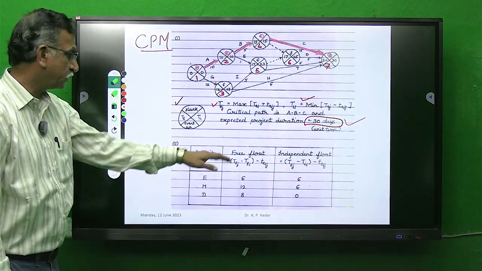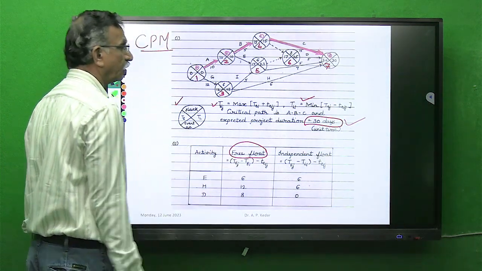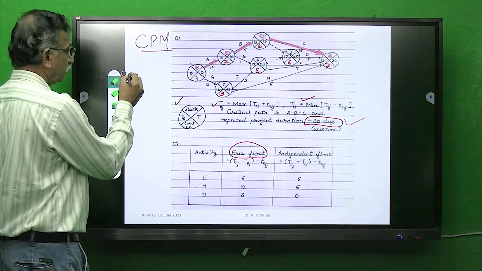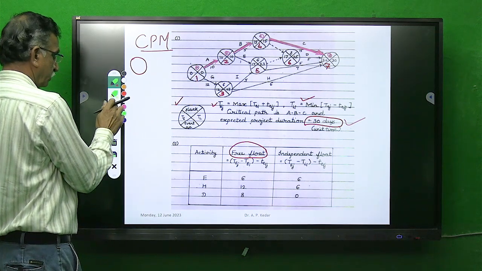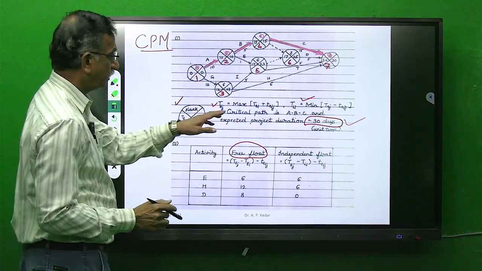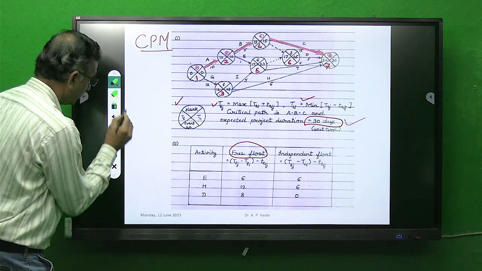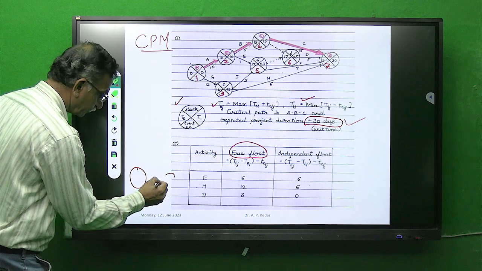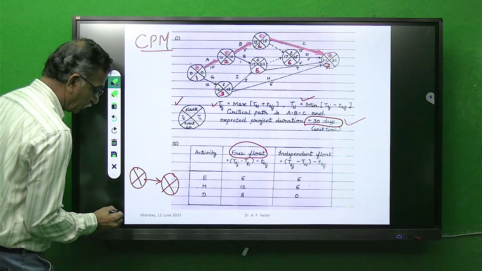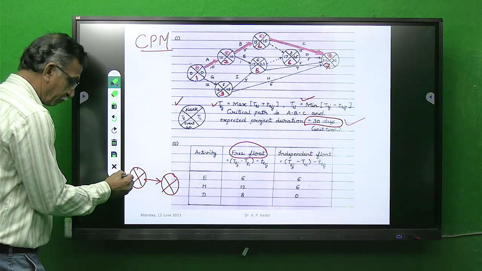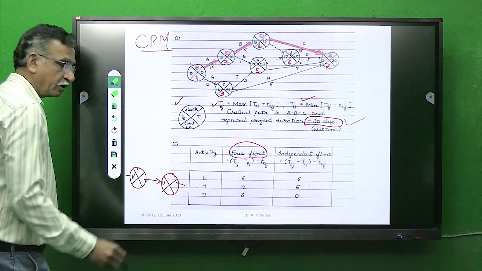What is asked? Total float. If you recall my dialogue for total float, we were having two locations. For total float, if you recall, the assumption was a gap between this and this cell.